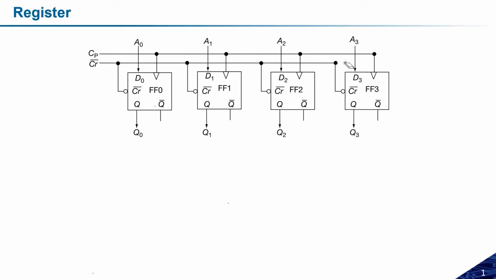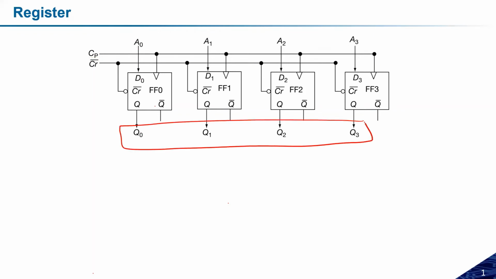If you can see here, there is no real difference in this circuit. What I have done is make a common clear pulse and a common clock pulse, that's it. The group of inputs I am considering as one input, and how many bits we can store is defined, and the outputs of all the flip-flops can be considered as the output of this register.